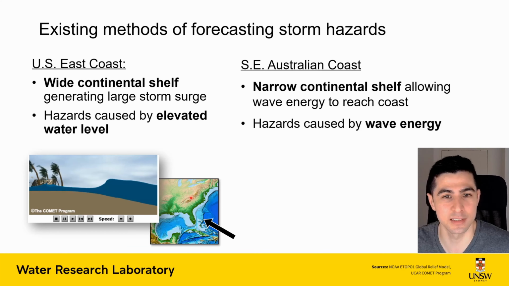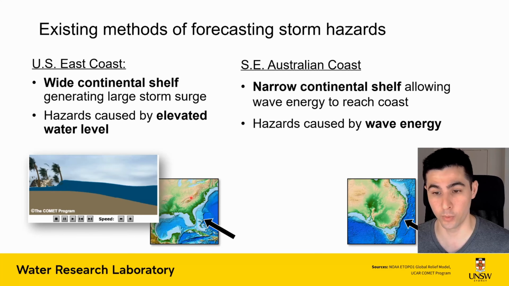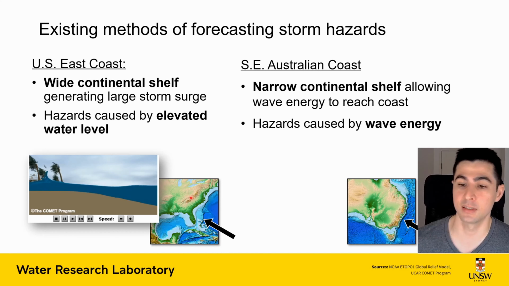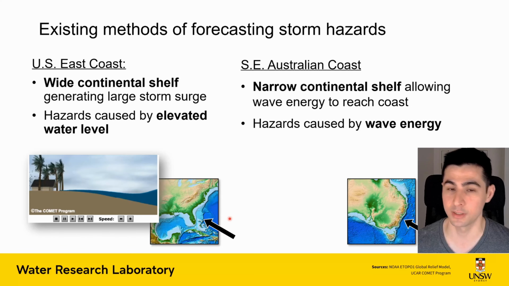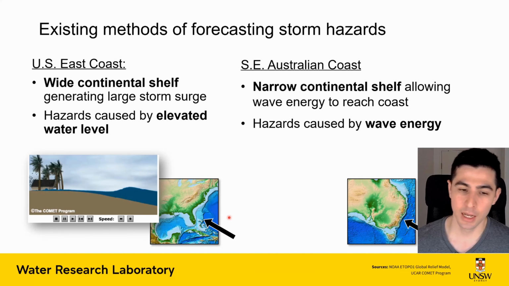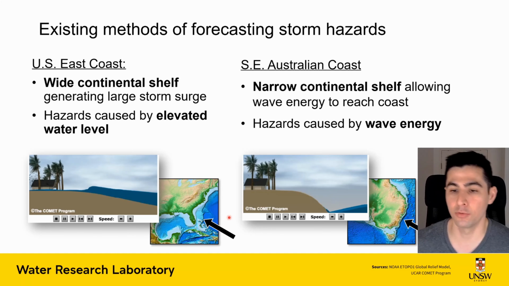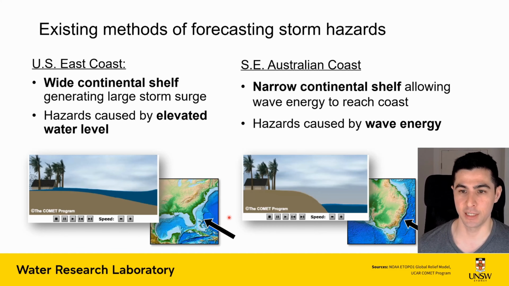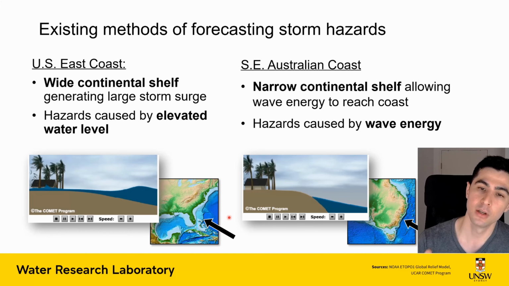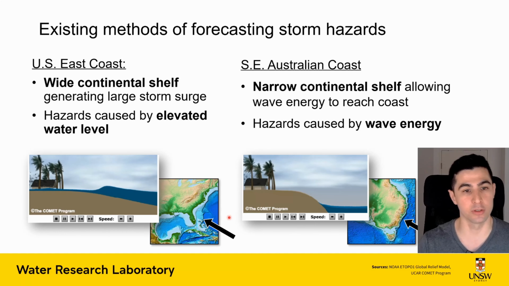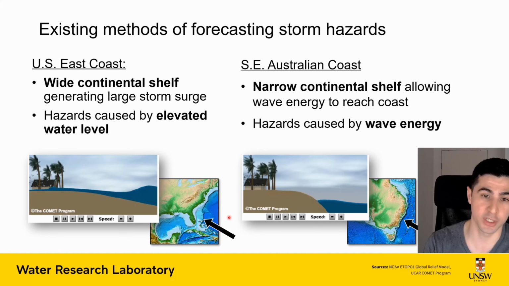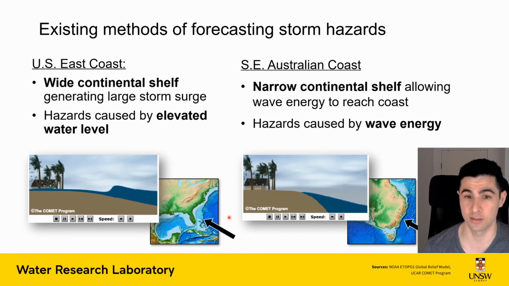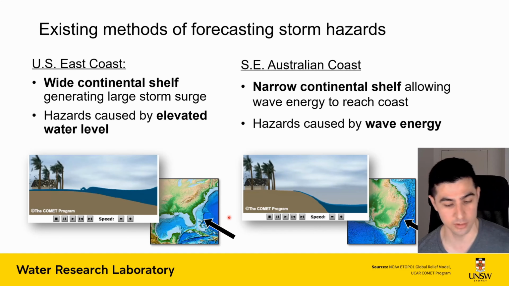If we look at the southeast Australian coast, where we want to implement a system like this, you can immediately see that the continental shelf is quite different. It's quite narrow, it's quite steep. And this has the effect of allowing more wave energy to impact the coast. So here in Australia, we don't get those really elevated high storm surges, but we get more wave energy impacting the coast. And this affects the type of hazard that we're going to experience.